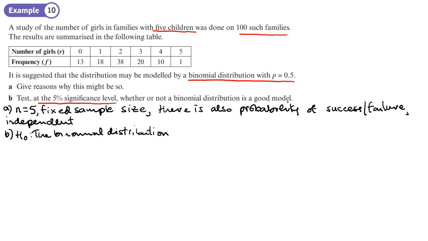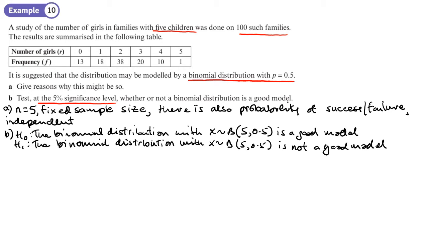I suppose we should do, because it doesn't say, the binomial distribution with n equal to 5, because that's our sample size, is a good model. H1, basically exactly the same thing, but with the word not there instead, is not a good model. Let's write it all out.